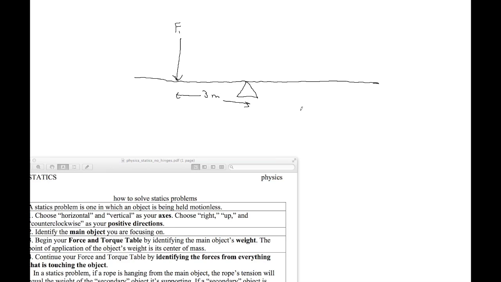So what could you say now about the torque from force 1? How could we write down an expression for the torque from force 1? Then it would be F1 sine of 90, which is just 1, times 3 meters.